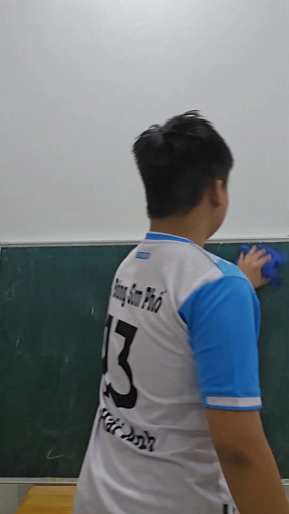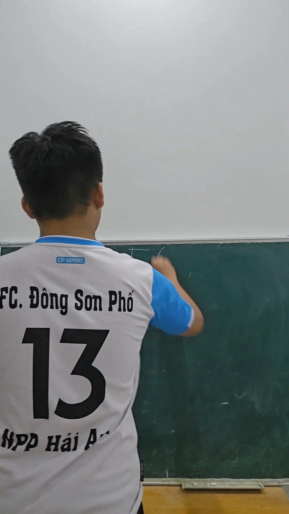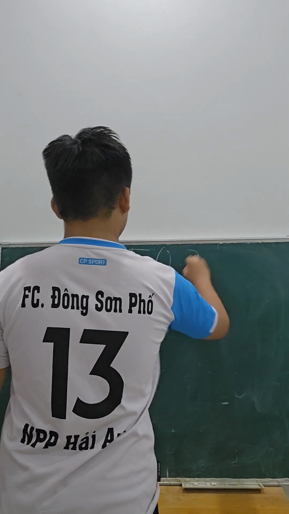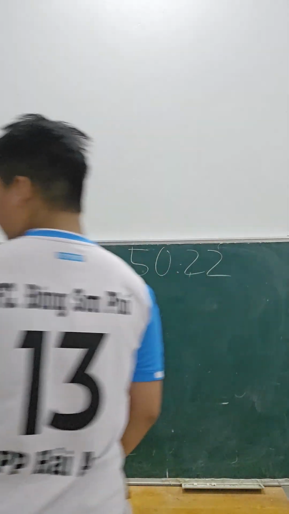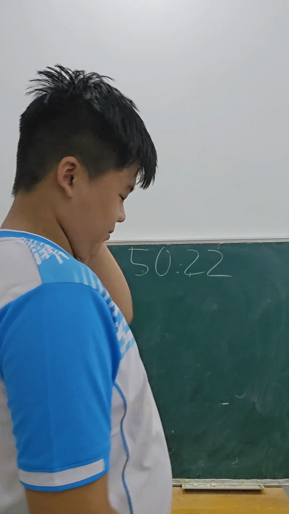To find the whole number, you have to take the part, which is 50, and divide it by 20%. Hold up, let me just do something real quick.